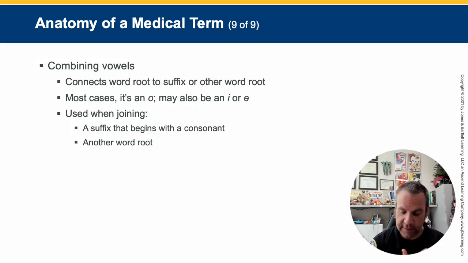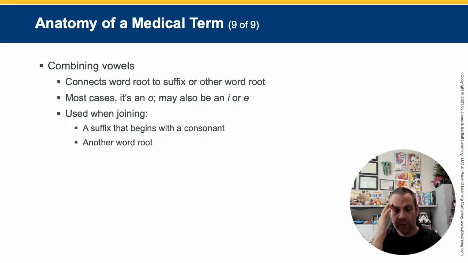If we simply removed it, it'd be cardipulmonary, so not cardipulmonary. It just runs off the tongue so much smoother with that combining vowel. So in EMS, where miscommunication can cost precious time, it's really important that clarity is of the utmost importance.